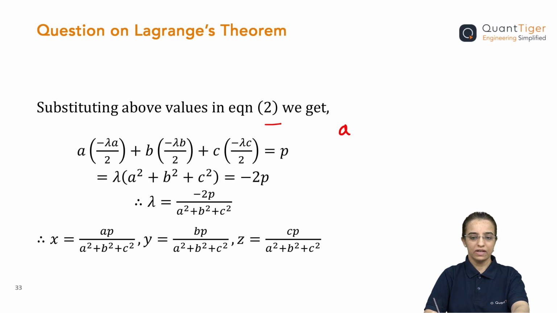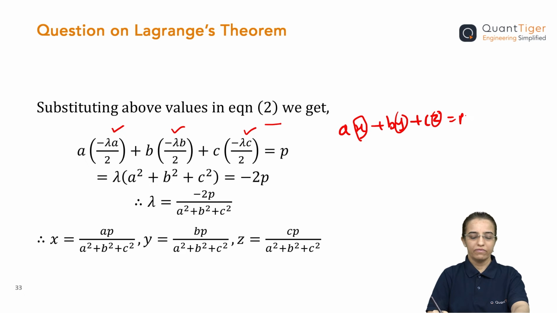That auxiliary equation was something like ax plus by plus cz. So here, in place of x, y and z, I have kept these values of x, y and z from the previous step.